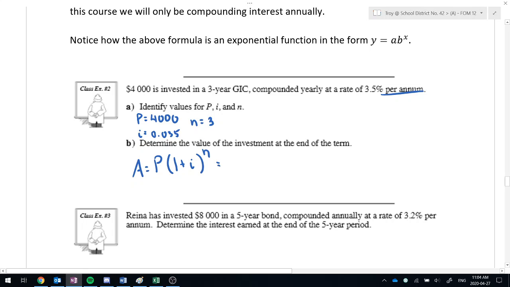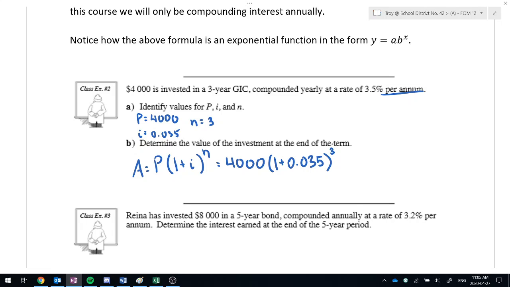Which is this, right? So our P value, 4,000, is what we're starting with. Our I, interest rate, 0.035, and it's waiting 3 years. So 1 plus 0.035 is of course 1.035, and we're going to raise that to the power of 3.